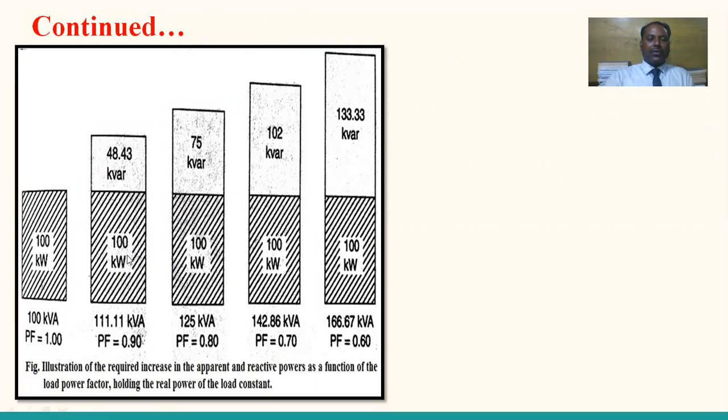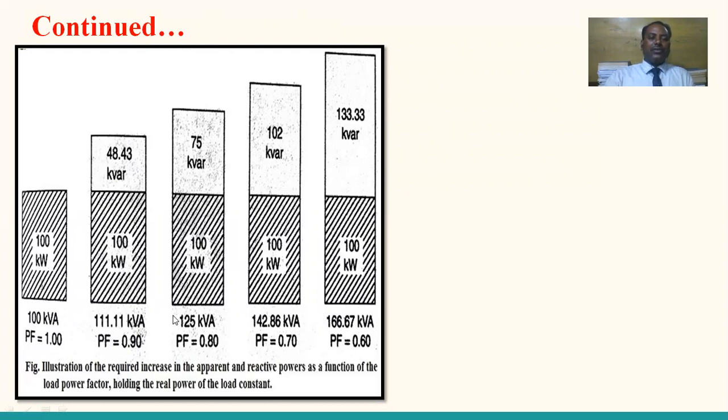P is 100 kilowatts divided by 0.9, which gives 111.11 kVA. Once S is known, using the formula S is equal to square root of P squared plus Q squared, you can obtain the reactive power. For a power factor reduction from unity to 0.9, the reactive power developed in the circuit is 48.43 kVAR.